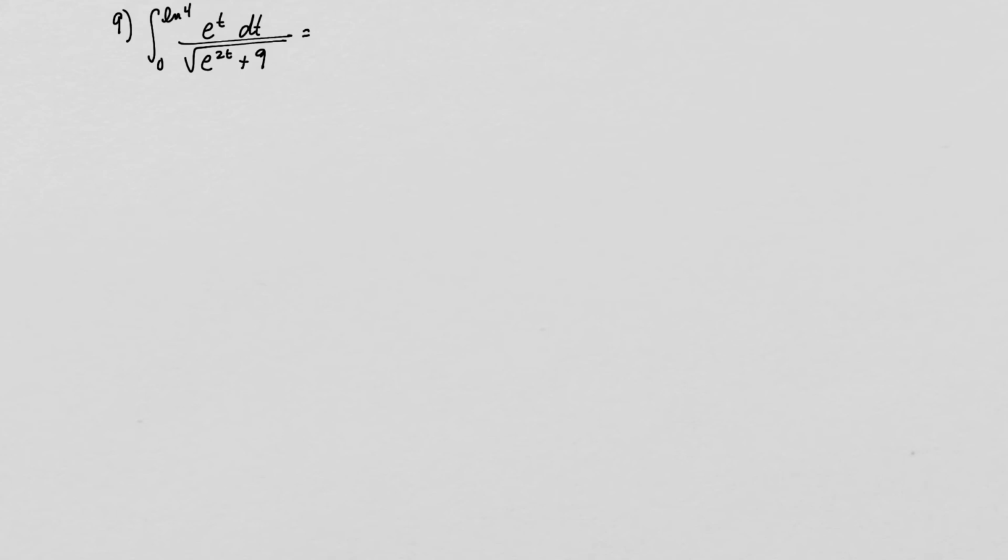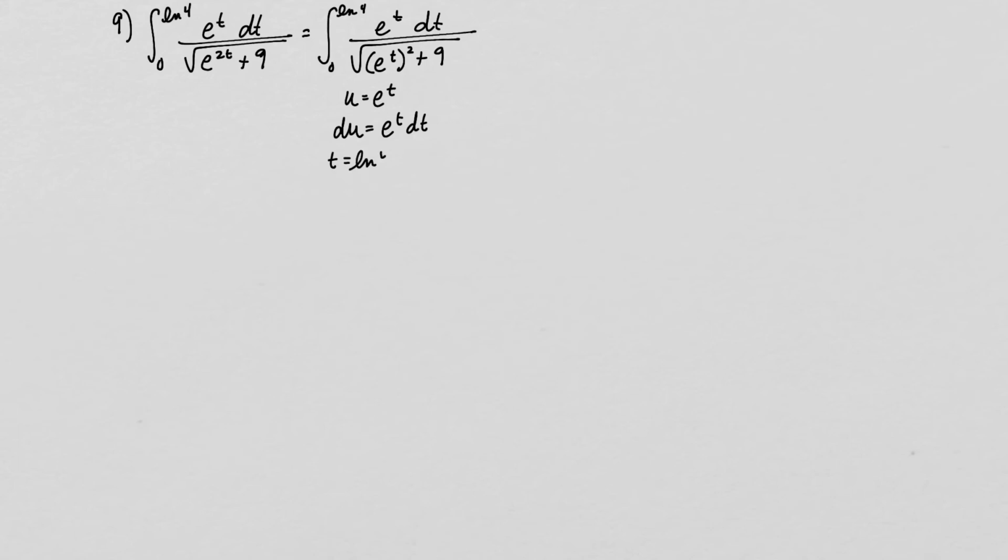So the thing to think about is that this is the same as the integral from 0 to natural log of 4 of e to the t dt all over the square root of e to the t squared plus 9. First I'm just going to do a u substitution. If we let u be equal to e to the t, du is going to equal e to the t dt. And if I also change the limits of integration, when t is equal to the natural log of 4, u is going to be e to the natural log of 4, which is just 4.